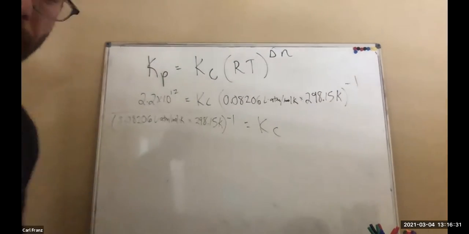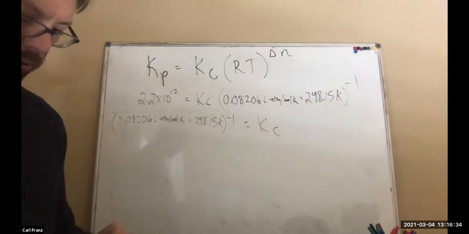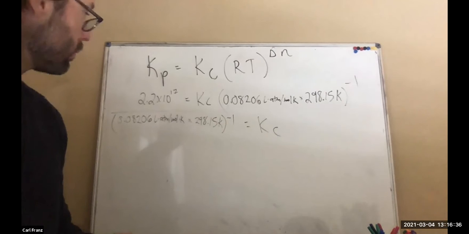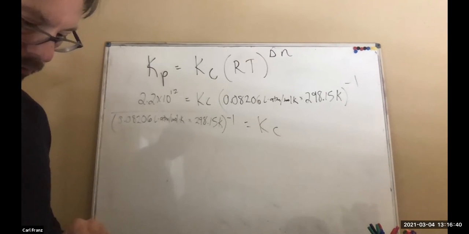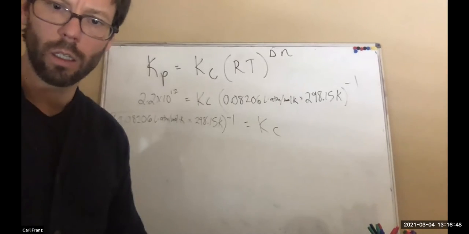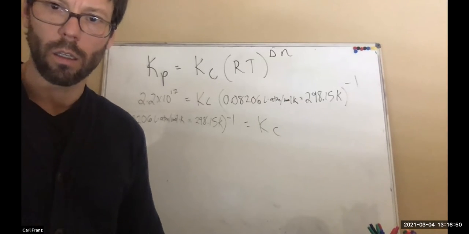Buddy? Uh, 5.4. Just 5.4? Well, I only kept 2 sig figs because of the 2.2.